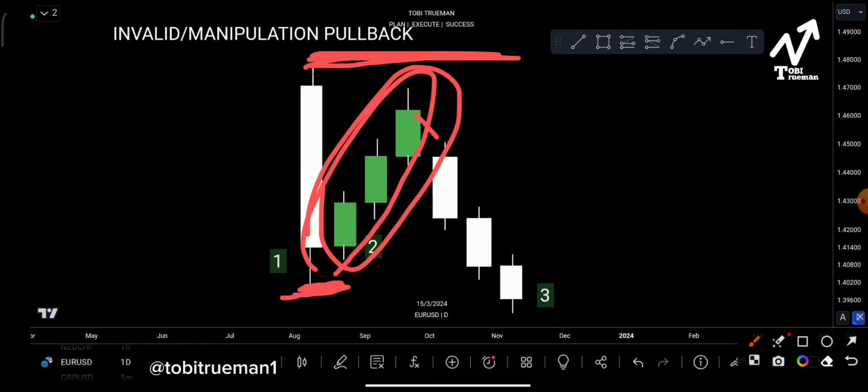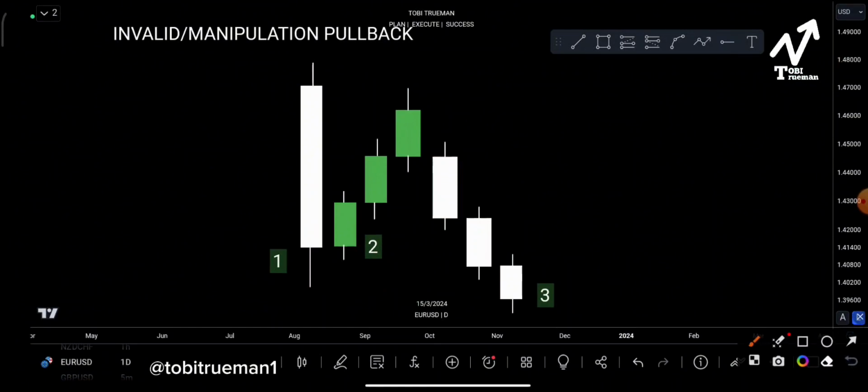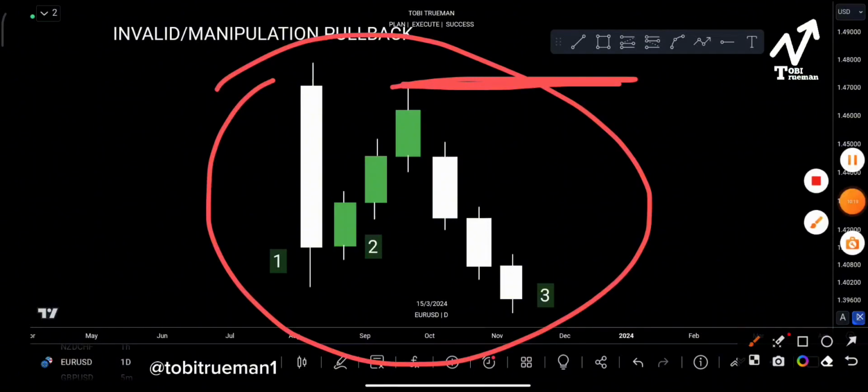You can see, when price is not selling, candlestick 3 then takes out the low point of candlestick 1. Since our condition was not met, this is what we call an invalid pullback. Therefore, we cannot use this high point as our inducement. If you use this high point as your inducement, you are violating the rules of having a valid pullback.